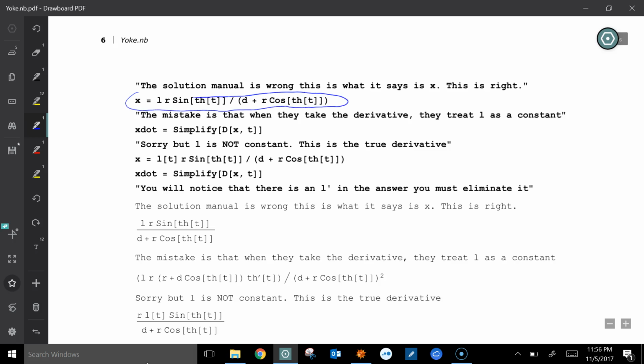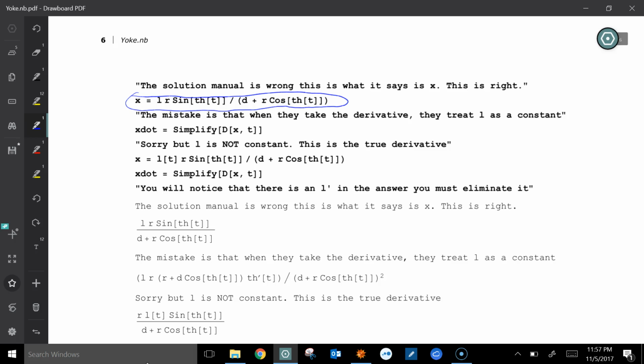And I told you when we started, you don't have to use vector loops if you can find these triangles and that sort of thing. But you have to be careful, and not everything's going to be a triangle. Anyway, the solution manual gets this, and I don't disagree with it. This is the correct answer for the distance x.